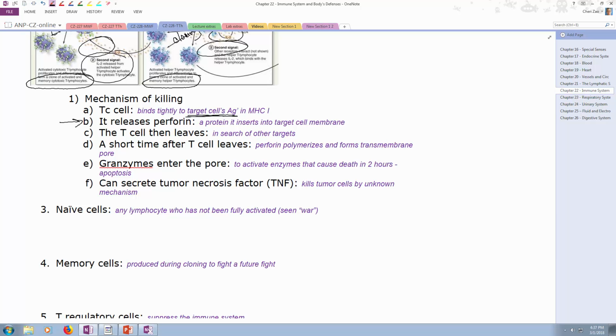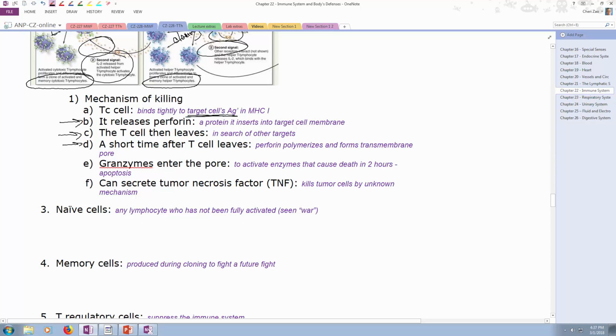And what's interesting, the T cell will bind, release perforin and granzyme, but they actually go in a very specific sequence, because after it drops off its perforin and granzyme package, it leaves, because it's going to do the same thing to another cell that looks like this cell with the MHC1 abnormal antigen marker.